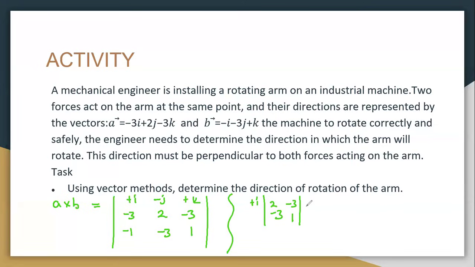Then for the J component, it's negative J, 3, negative 3, negative 3 for the first column, then negative 1, 1 for the second row. And then K is going to be negative 3, 2, and then negative 1, negative 3.